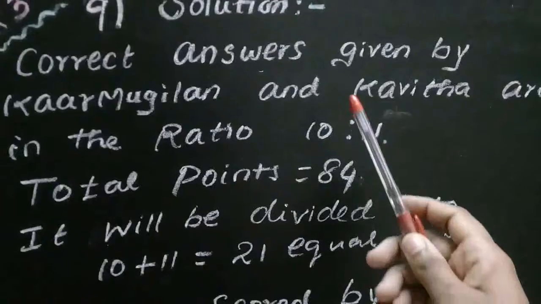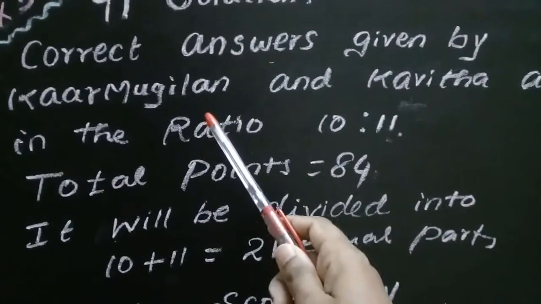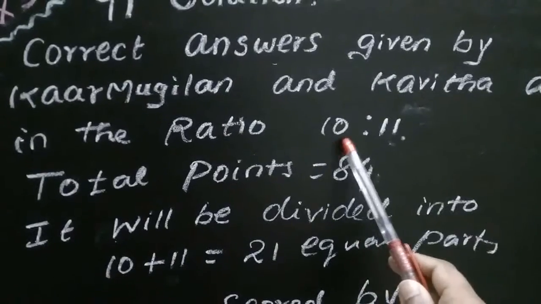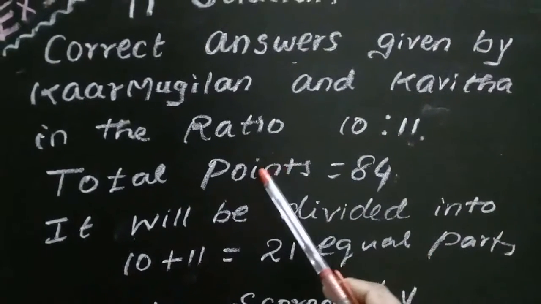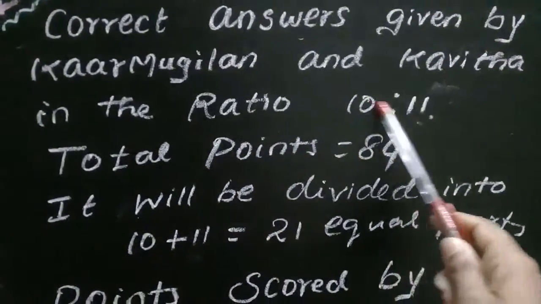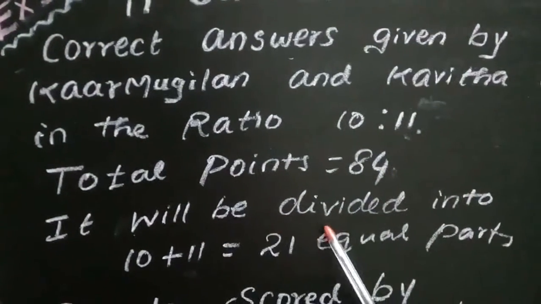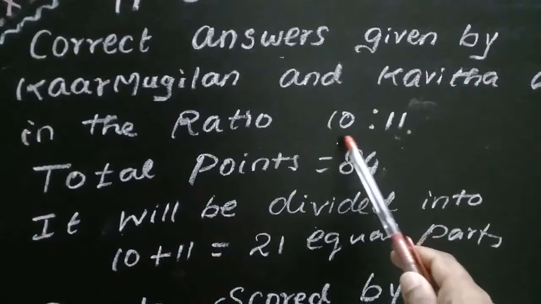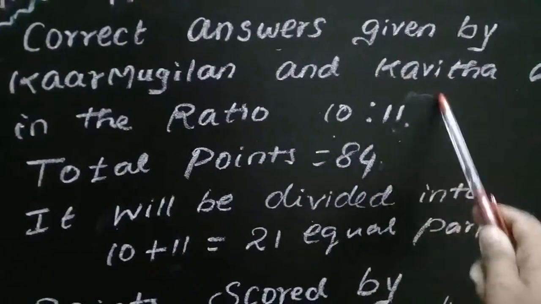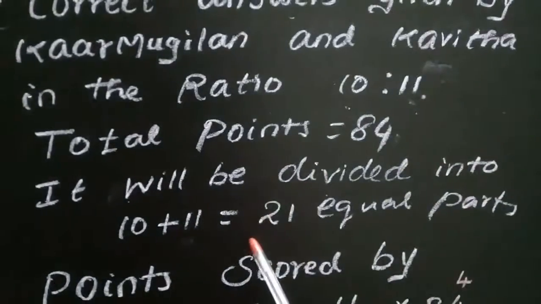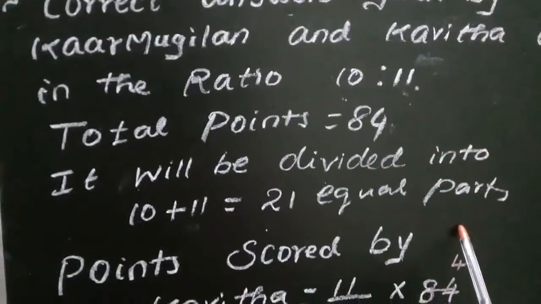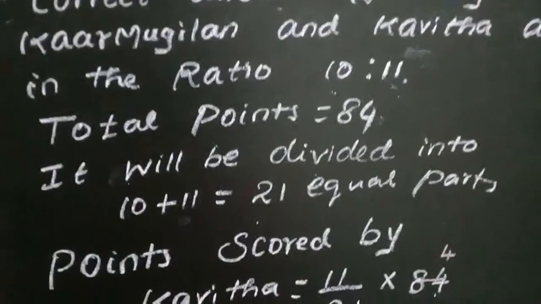Correct answers given by Karmugilan and Kavita are in the ratio 10 is to 11. So total points 84 will be divided into 10 plus 11, the answer is 21 equal parts. We have to find the points scored by Kavita only.